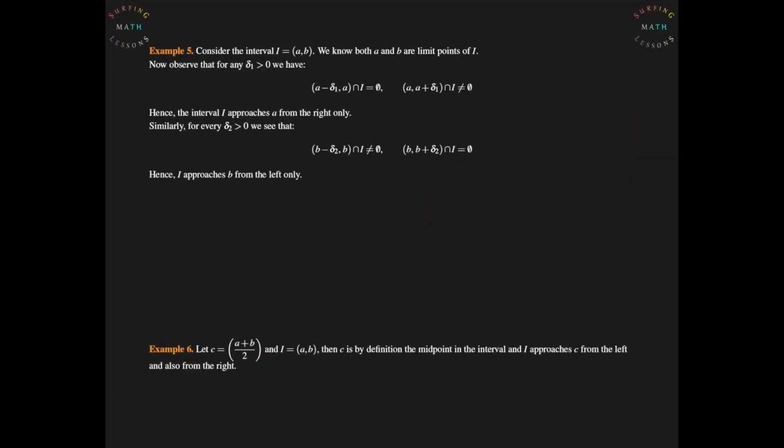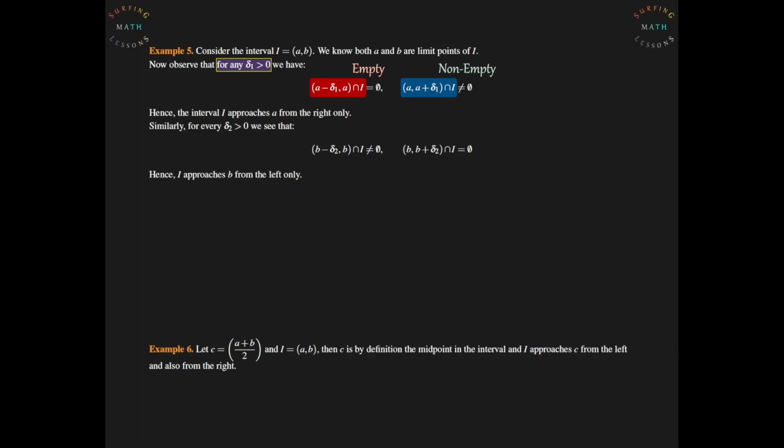Example: let I be the open interval (A, B). We know both A and B are limit points of I. To better understand how this interval approaches A and B, we need to know how all one-sided delta neighborhoods of A and B respectively intersect the interval I. Let's do the case of the left endpoint A. For any delta 1 greater than 0, the intersections of the one-sided delta 1 neighborhoods of A with the interval I are as follows.